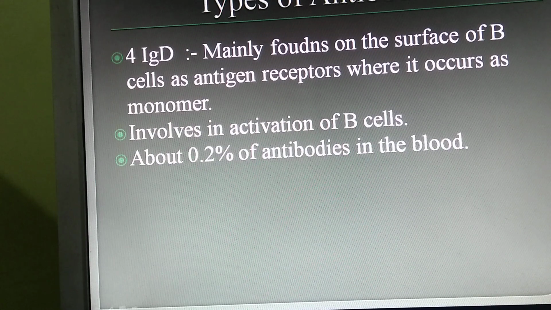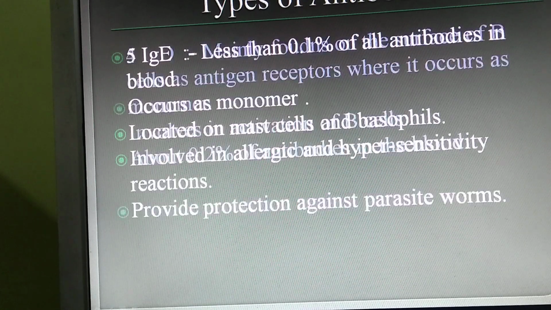Now IgD is mainly found on the surface of B cells as an antigen receptor, where it occurs as a monomer. IgD is involved in the activation of B cells. It makes up about 0.2% of antibodies in the blood.